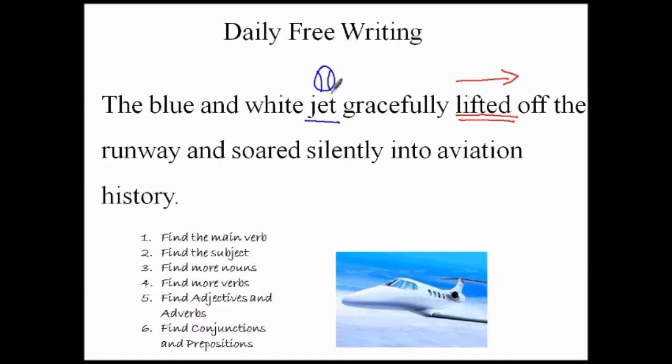Number three, we go looking for more nouns. To do this, we will systematically search from left to right through the sentence for any more people, places, things, or ideas. There are no more people. We see that the word runway is a place, so we put the house code over runway.